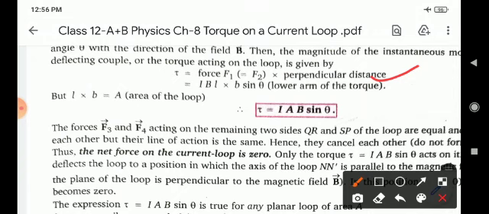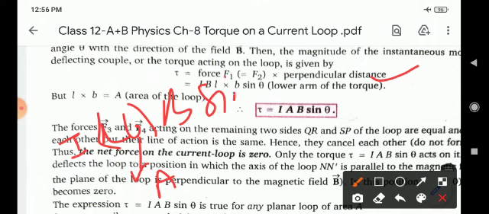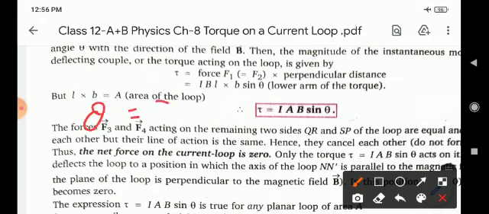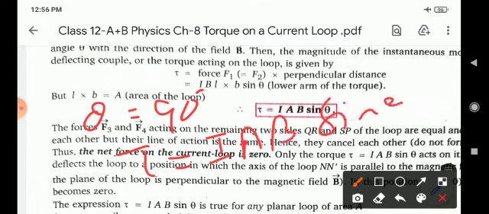LB means area, and b sin theta. It is the formula of torque, right? If theta equal to 90 degrees, then torque is equal to IAB sin 90. Sin 90 is 1, IAB into 1, that is torque equal to IAB.